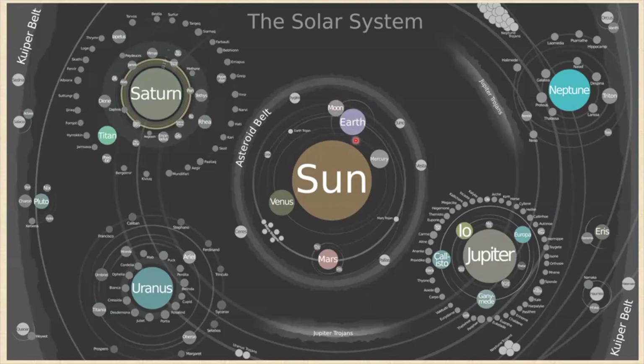So Earth here, Earth's moon is here. This is not to scale, as you can see. Mercury and Venus, no moon. The name, I say Moon. Usually, we write capital M, Moon, that's the natural satellite of the Earth.